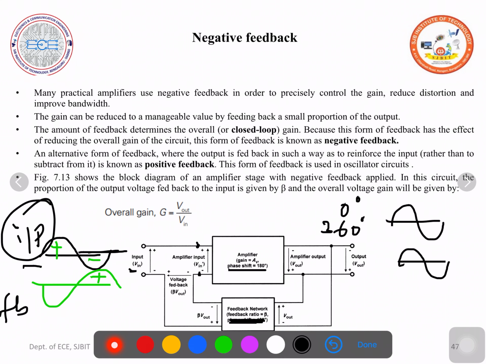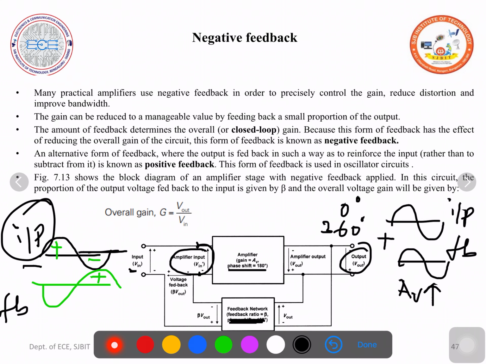If there is no phase difference between them, they aid each other. The input signal will get added with the feedback signal. So the effective input to the amplifier increases, output also increases, so gain also increases in the positive feedback.